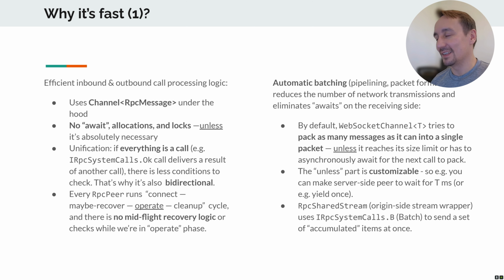It sends a call in one direction and gets back a message called system.ok, I mean, that's the name of the method, or system.error, which delivers the result of this call. So the unification helps to build a simpler pipeline. Instead of dealing with tons of different messages, it has just one. That's why it's a cool piece.